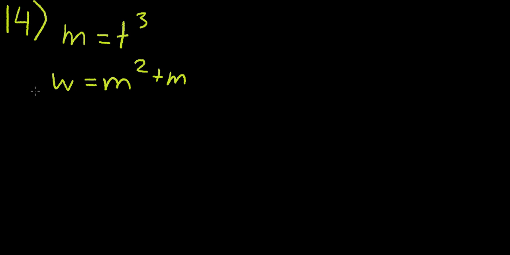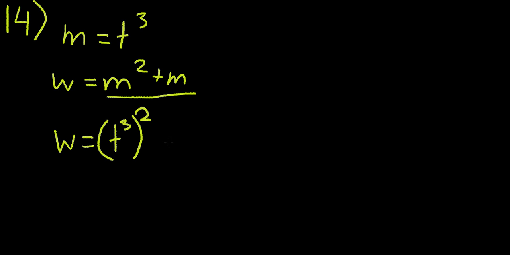So wherever we see an m in this equation, we just put t cubed over there. So w equals t cubed squared plus t cubed. When you raise a power to a power, you multiply the power. So t, 3 times 2 is 6, t to the 6th plus t to the 3rd. And that is w in terms of t.